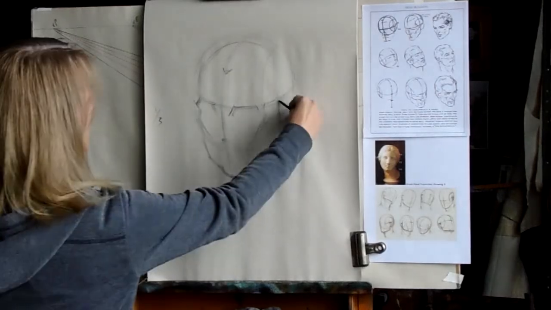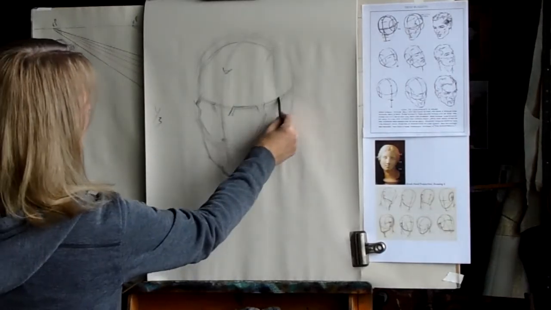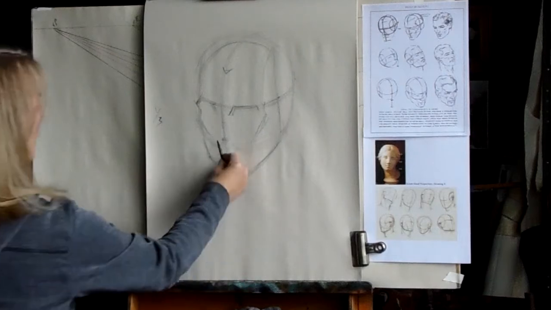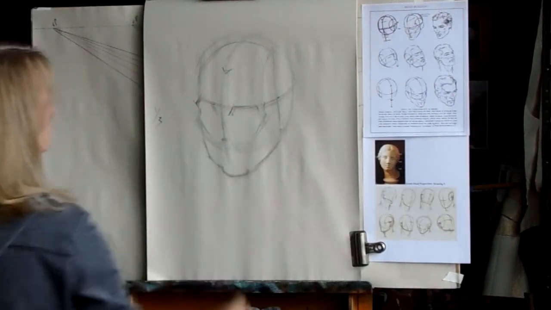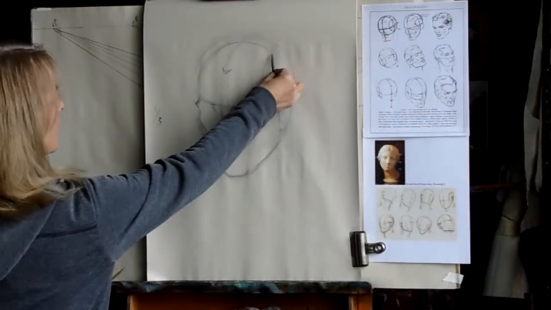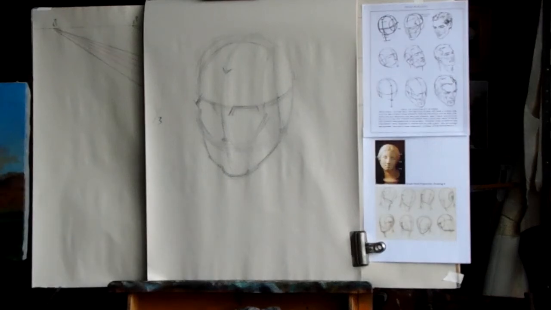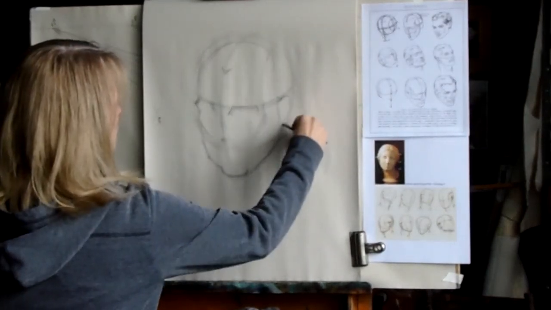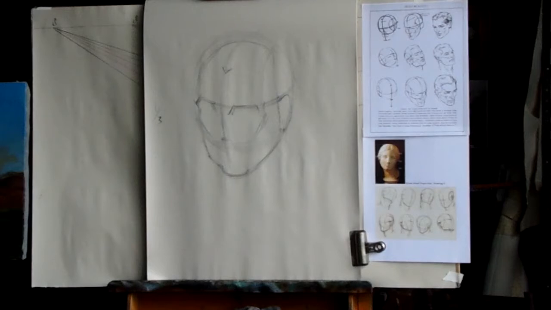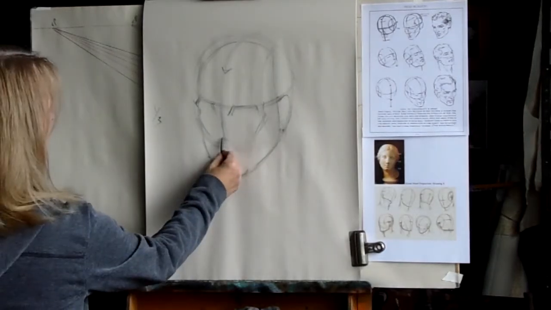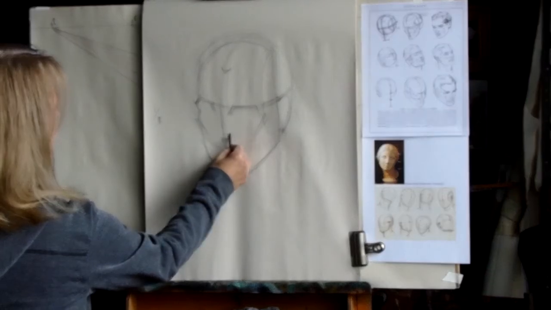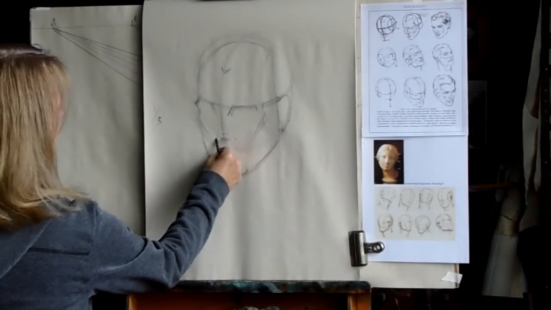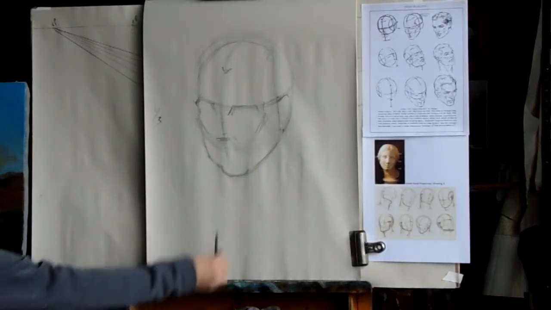And my ear aligns with the brow ridge and where the nose is. And it falls behind this straight line that we've created. So the ear is right in here. Then I'm just going to add the little base here of our nose.